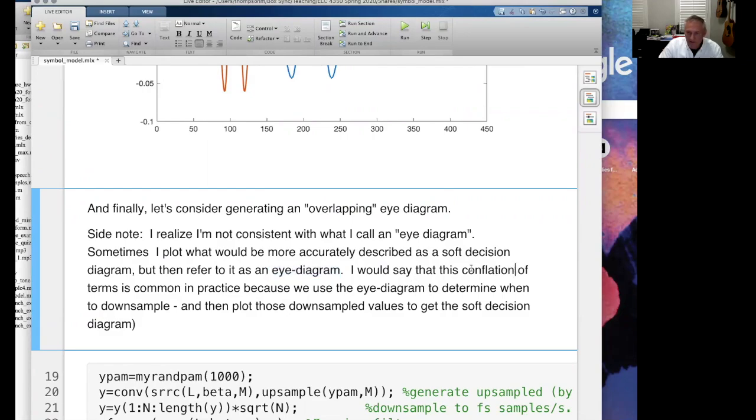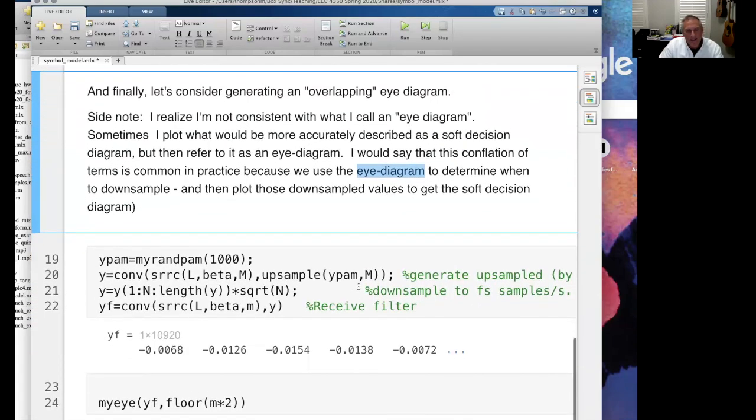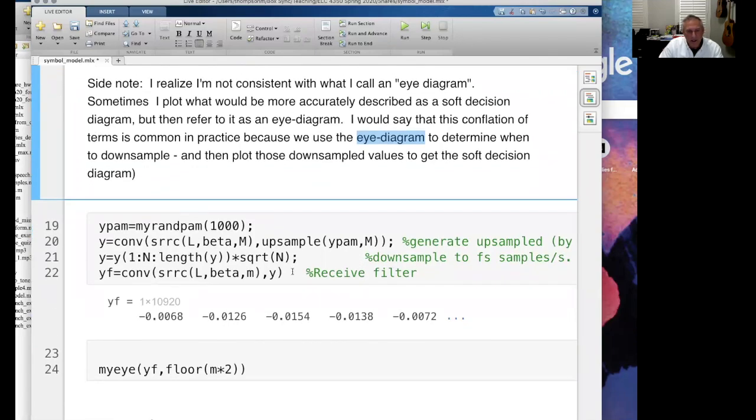These terms get conflated because when you see an eye diagram, it tells you when to downsample, and if you downsample at those times, when the eye is open, you get the symbol values. So when you look at a soft decision diagram, you can kind of infer when the eye opens, and so people tend to call the soft decision diagram the eye diagram, even though it's really a soft decision diagram.